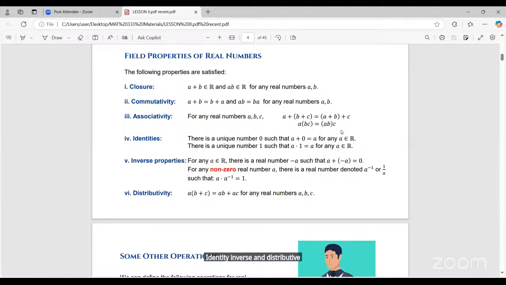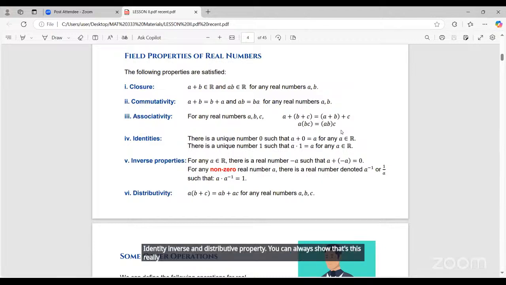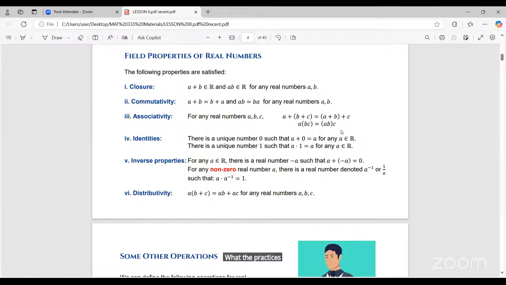Picking any real numbers, you can show, using the condition each property gives, that those properties are actually satisfied.